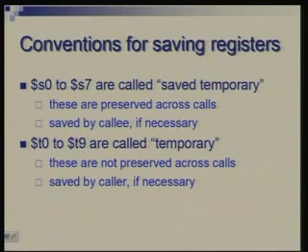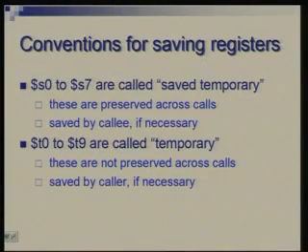If the callee feels the necessity of using these registers, it will be done in a very transparent manner. It will save the caller's values which were left in these registers before using, make use of them, and then restore those values. As far as the caller is concerned, it will stick to the assumption that the values in these are not disturbed. If they are disturbed, it is done in a manner that you don't come to know of.